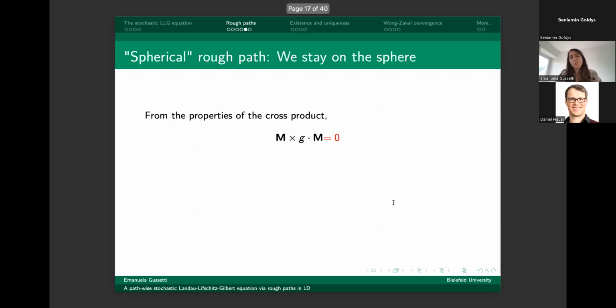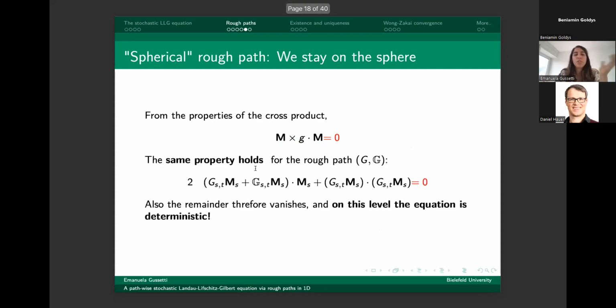In particular, what is very used is the fact that M cross product G times G times M should be 0. That is a property of the cross product, and this is reshaped into our framework with a relation of this form. Okay, this is not immediately clear now, but it's not so important.